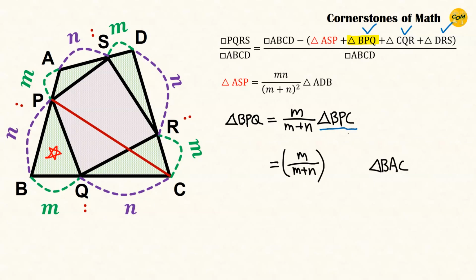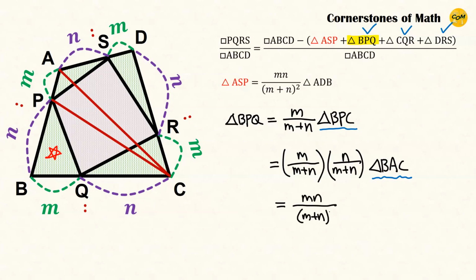And this triangle BPC can be expressed in terms of triangle BAC, which is, now the ratio between base length is this to this. So it is n to m plus n. So we have area of BPQ equals mn over m plus n squared times the area of BAC.